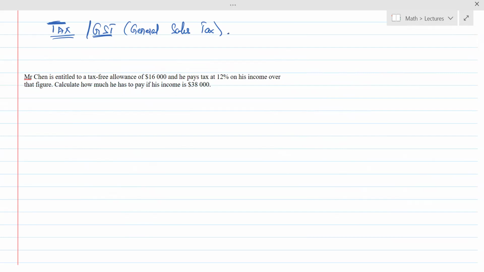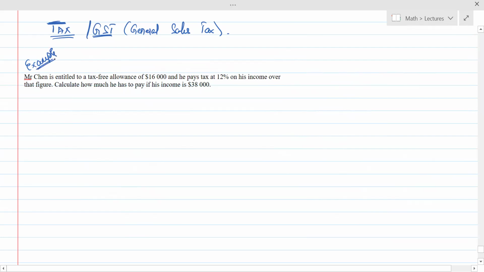Now, tax is also related to the concepts and applications of percentages, and you see taxes in terms of percentages only.